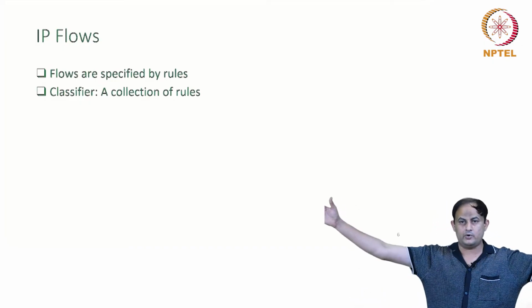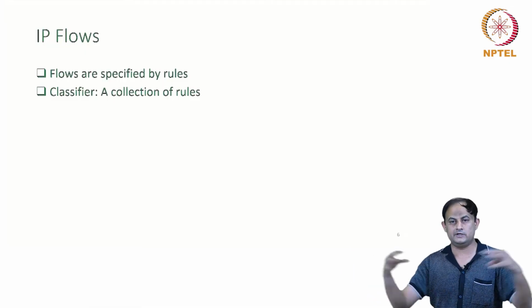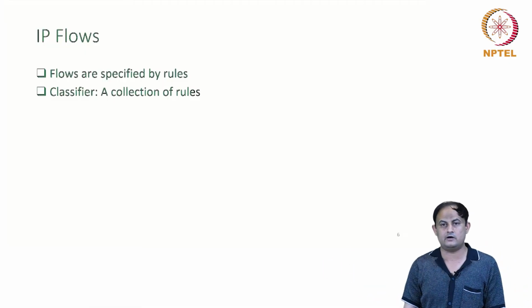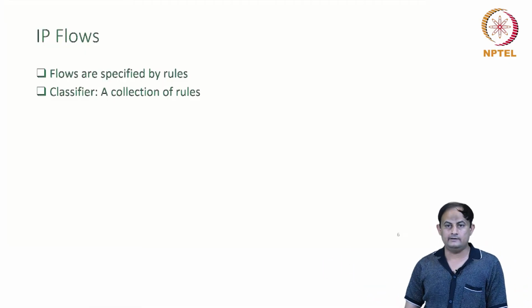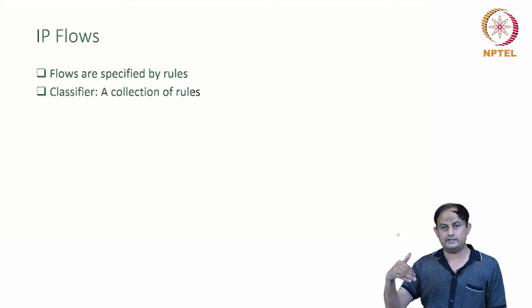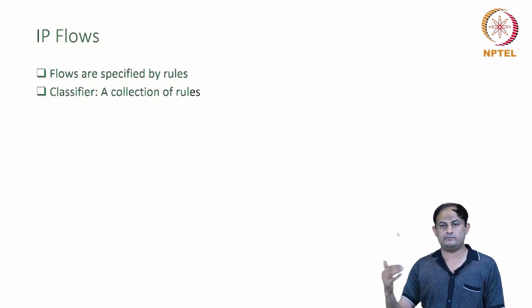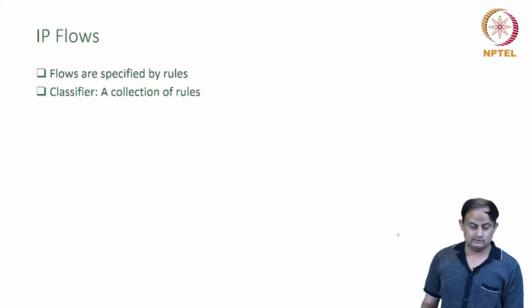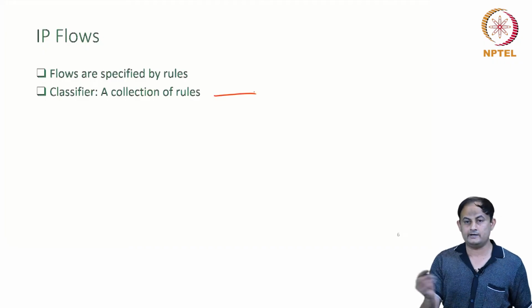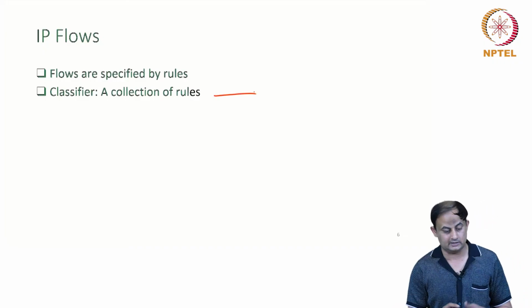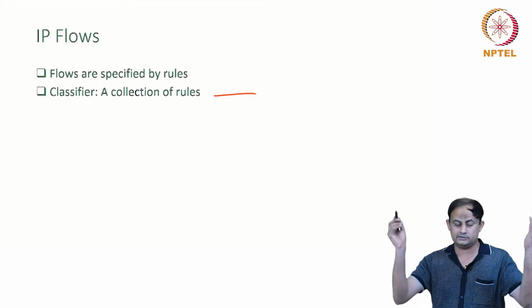Whenever two endpoints communicate with each other, the series of packets that are exchanged are called flows, and these flows are evaluated using a set of rules that we call the classifier. So a classifier is a collection of rules. For example, I might have a bunch of fields.